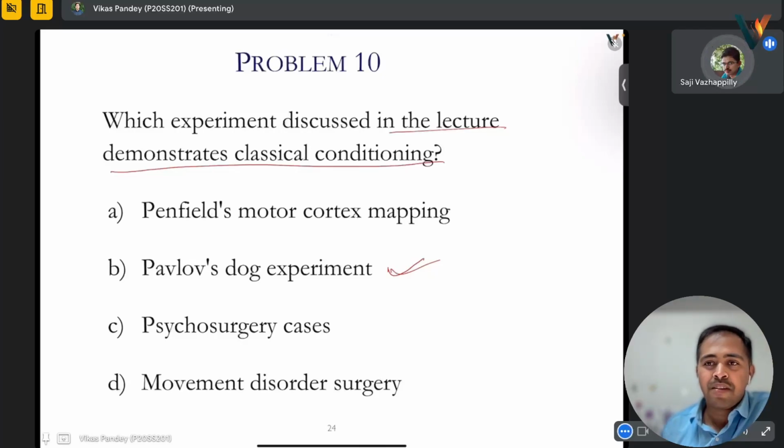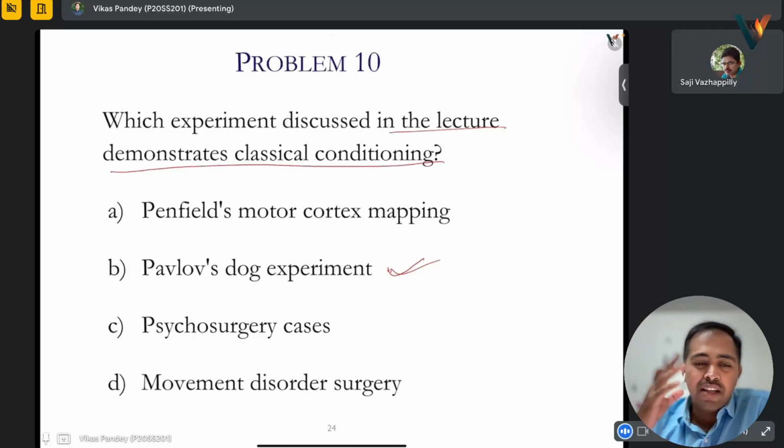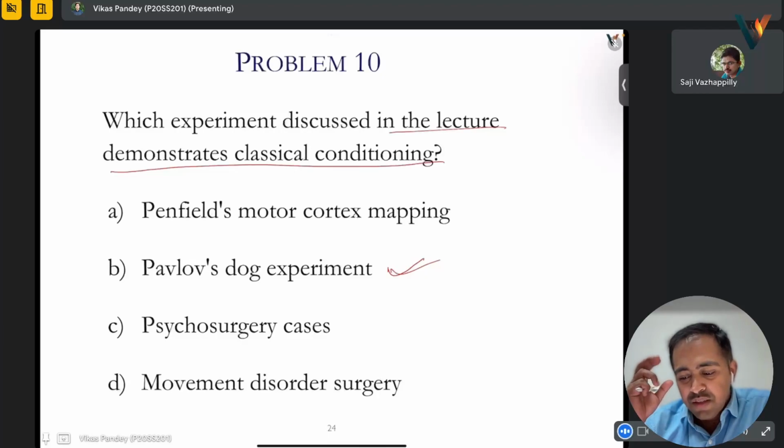MBA people will study this experiment in organizational behavior. And there is one more experiment. I don't know exactly what its significance is. They are keeping some monkeys in a cage, and they are giving some food. But whenever a monkey comes to touch the food, water is thrown over them.